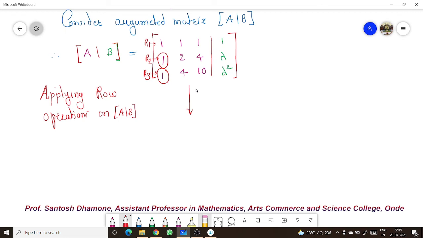So we get the reduced system as follows. The first row is as it is, because we do not apply any operation on row first. Therefore the first row is 2, 3, 5 and 9.